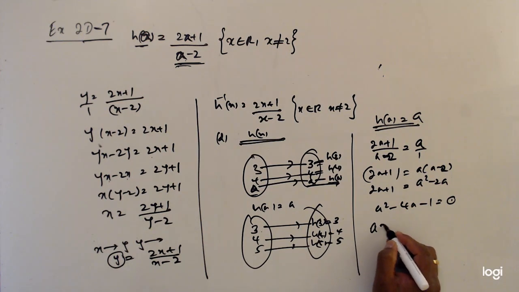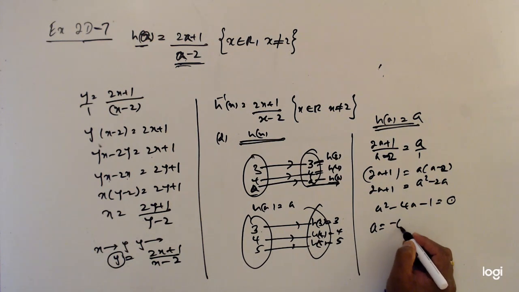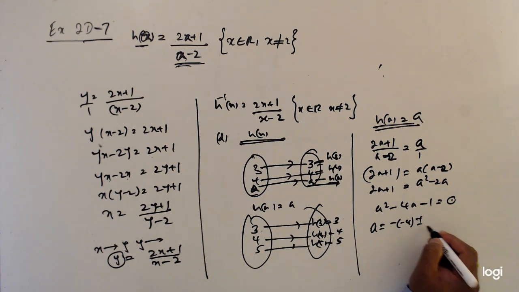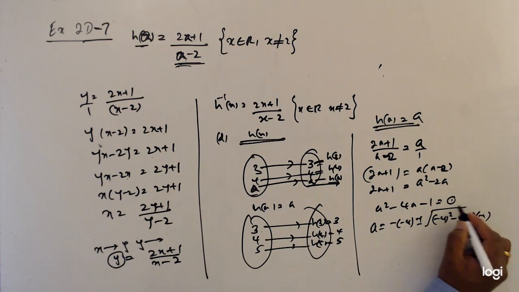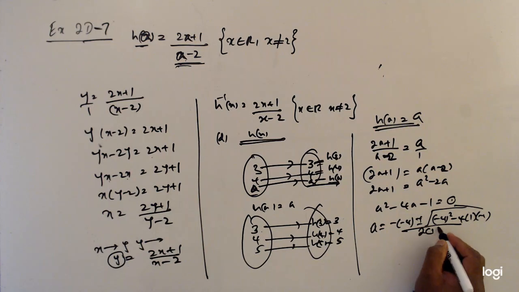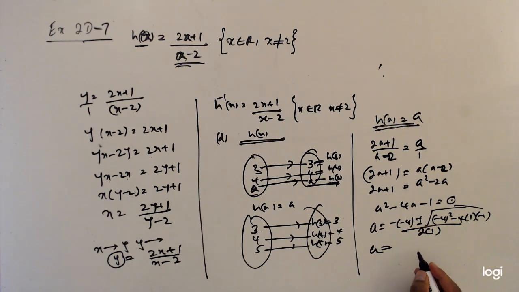a equal minus b plus or minus square root of b squared minus 4 times a times c, over 2 times 1. So you may get two answers, 2 plus or minus square root 5. So that is 2 plus square root 5 and 2 minus square root 5.